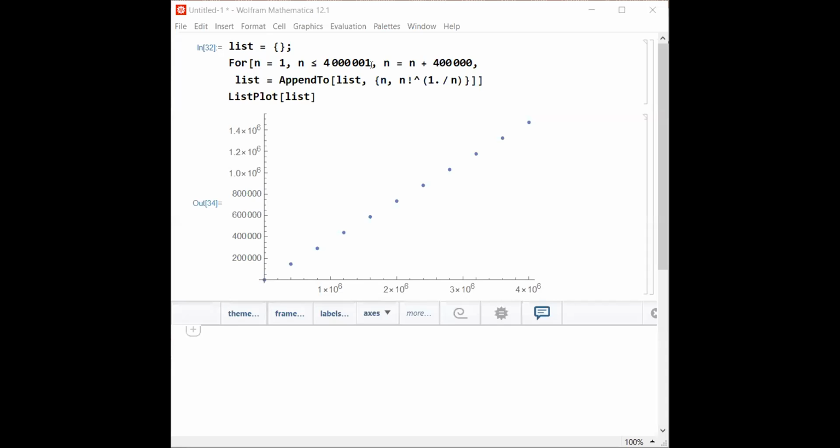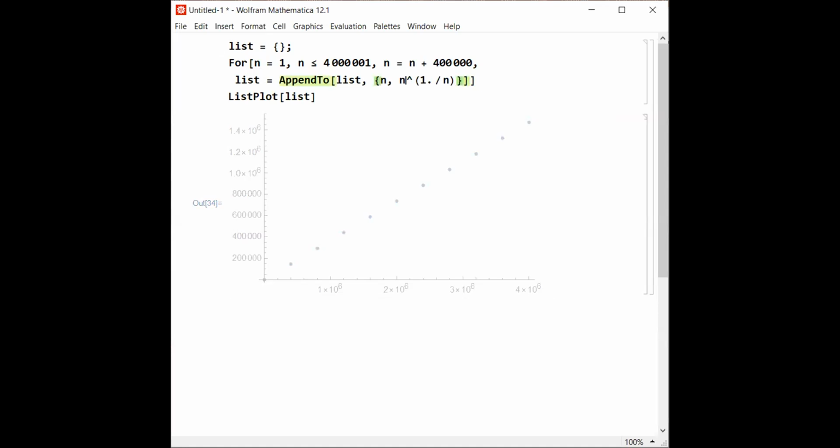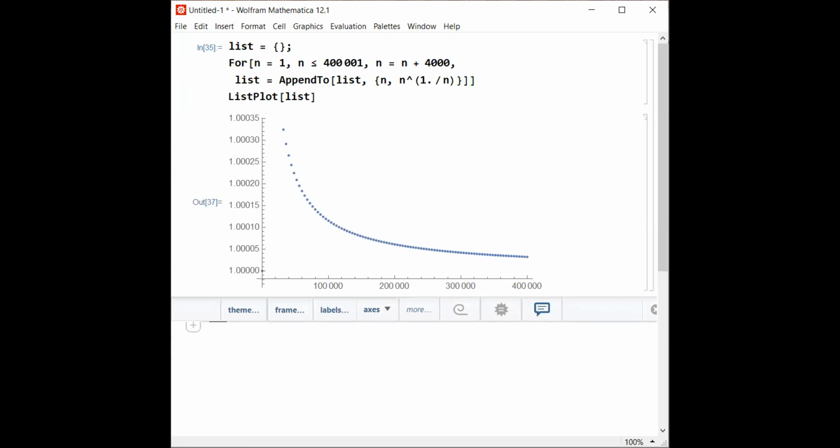And I have this code. So instead of doing n factorial to the 1 over n, I just delete the factorial sign. So this would be every 40,000. And let's try every 4,000. And again, I don't really care so much about what's happening in the beginning.